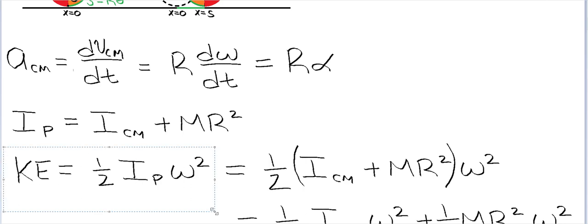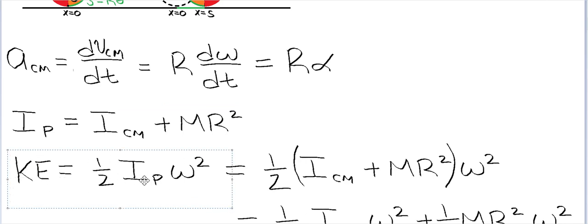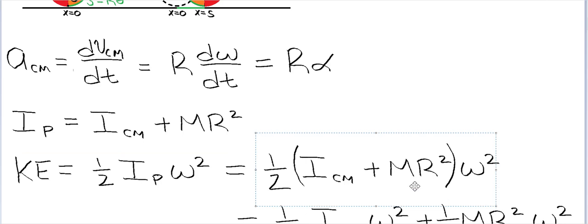We also have that the kinetic energy is half times I about that point times omega squared. And so I can replace I about that point with ICM plus MR squared. And so I can say that the kinetic energy, half IP omega squared, is half times the quantity ICM plus MR squared times omega squared.